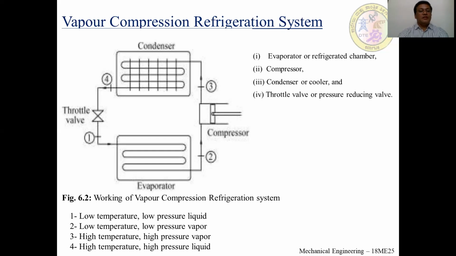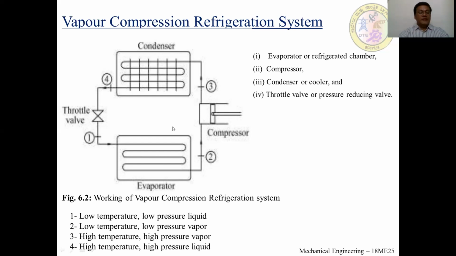Figure 6.2 shows the working of the vapor compression refrigeration system, and the important components are the evaporator, the compressor, the condenser, and the throttle valve.